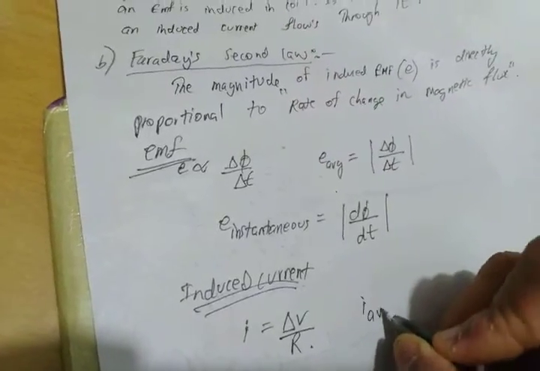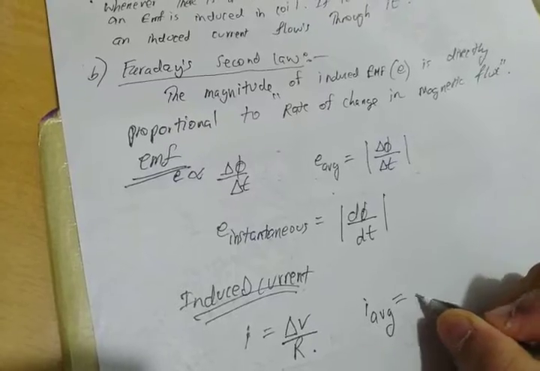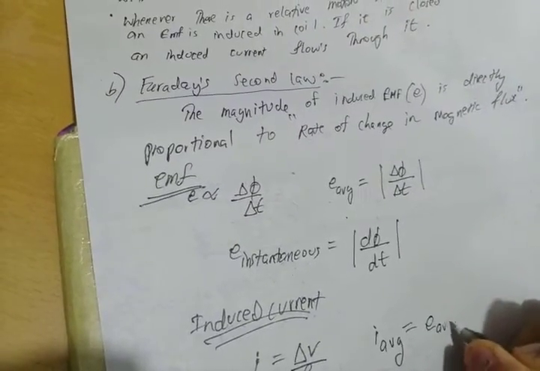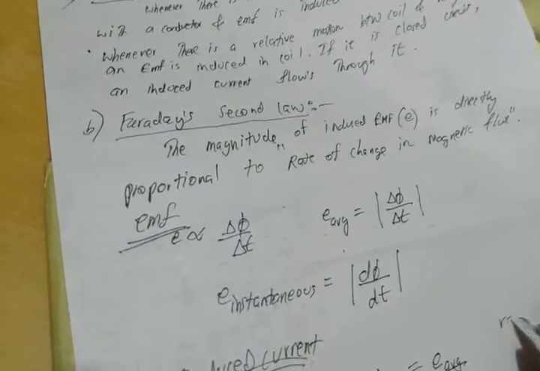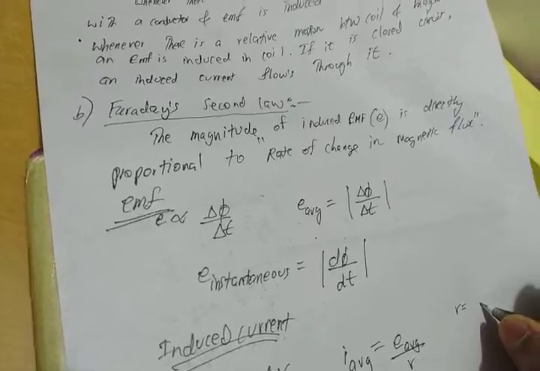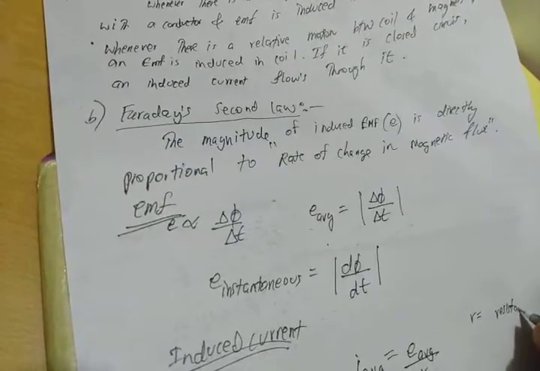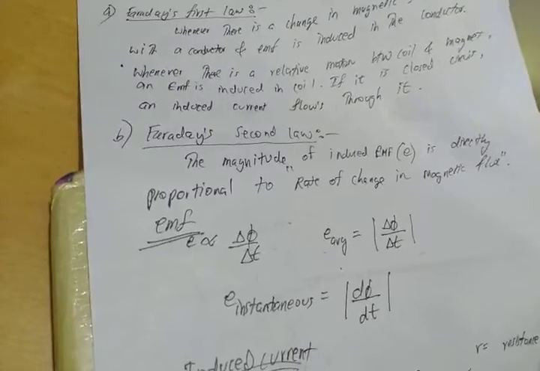So average induced current is equal to average EMF by R. See, R is the resistance of the coil. Okay, R is the resistance of the coil.